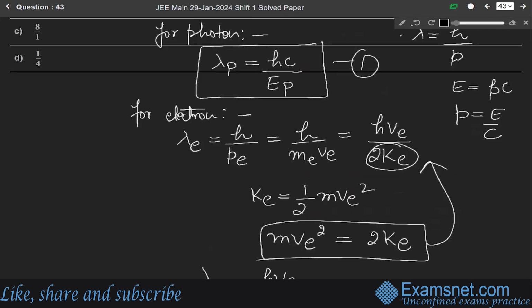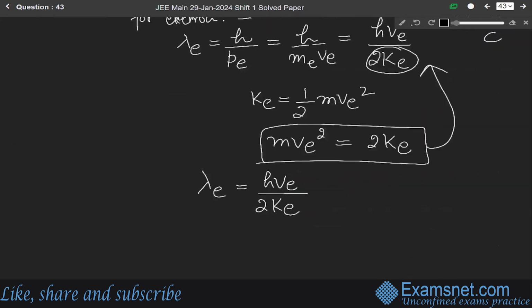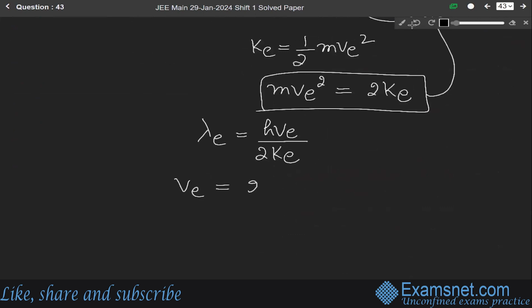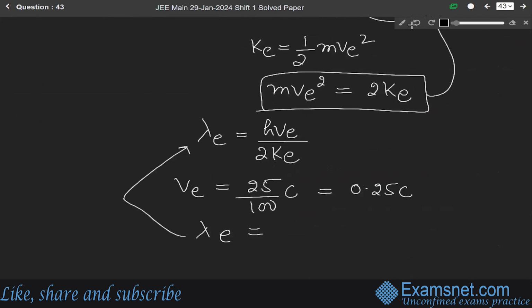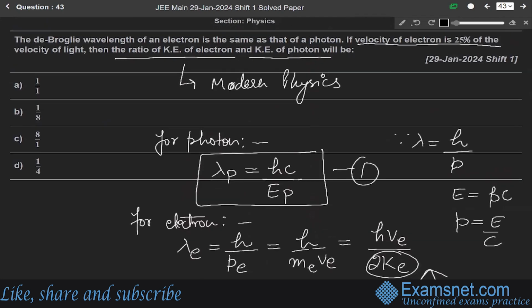Now according to the question, the velocity of electron is 25% that of the velocity of light. So velocity of electron will be 25 by 100 of c, which equals 0.25 c. So lambda e will become h into 0.25 c over 2KE. This will be equal to hc over 8KE. Now we have to find the ratio of kinetic energy of electron and photon.